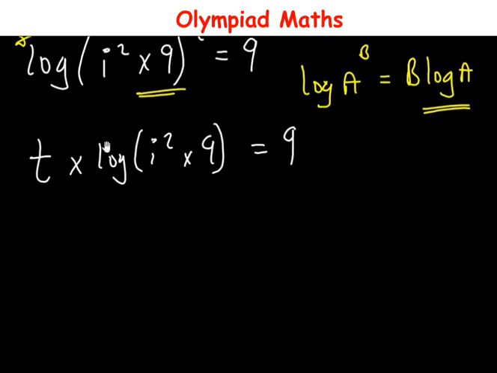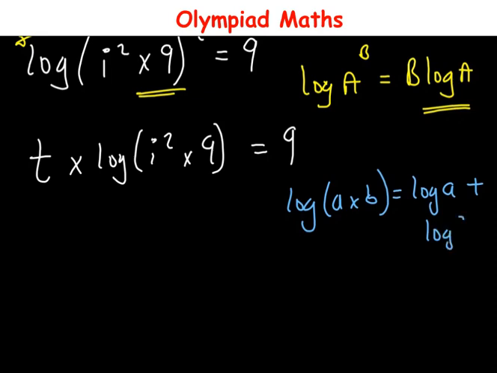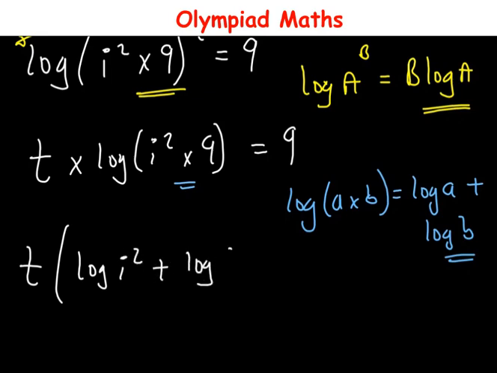From here, the next thing we're going to do is to also apply this rule of logarithm, that if you have log of a times b, this equals log a plus log b. Applying this rule, what we then have is t(log i² + log 9) = log 9.